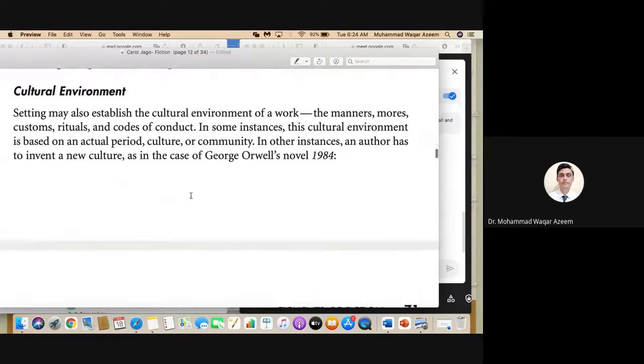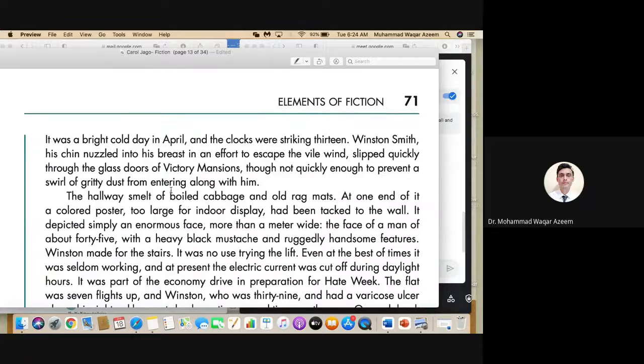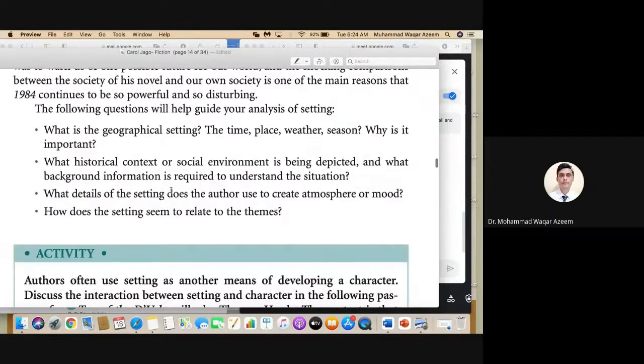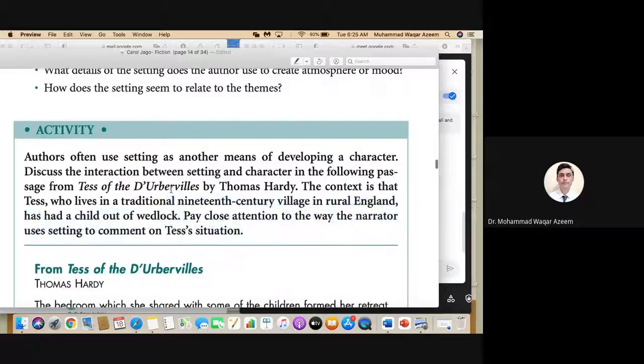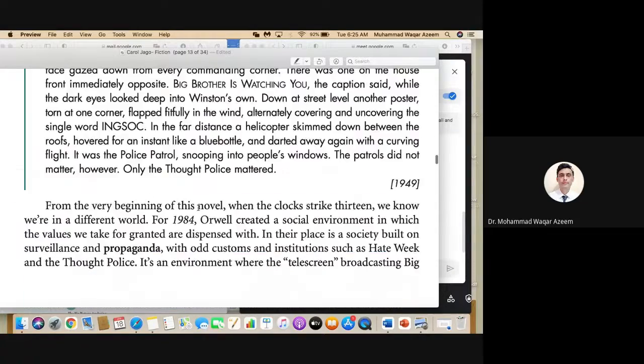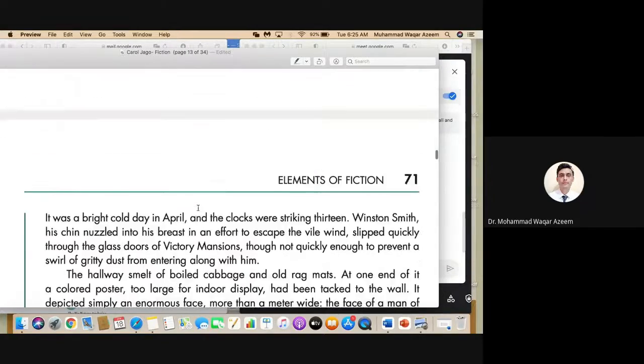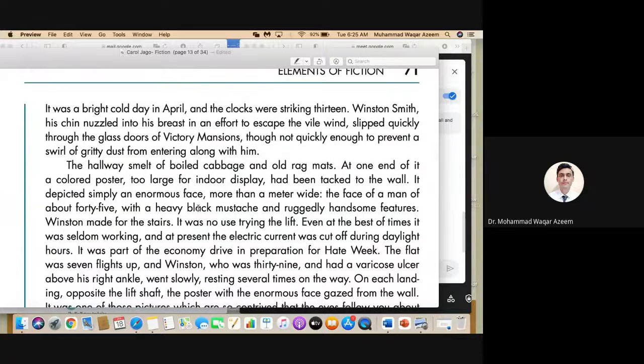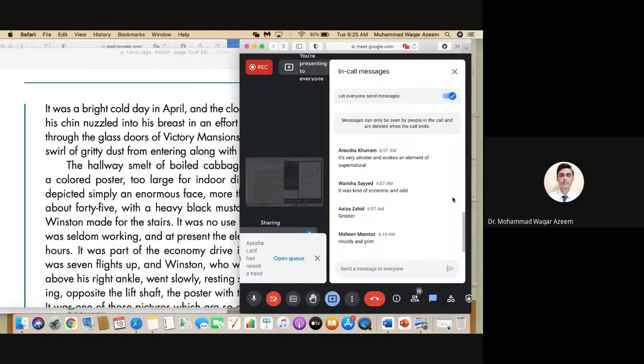So let's read this as the last extract for today for historical context. Who would like to read George Orwell's 1984? Somebody else had raised a hand previously.